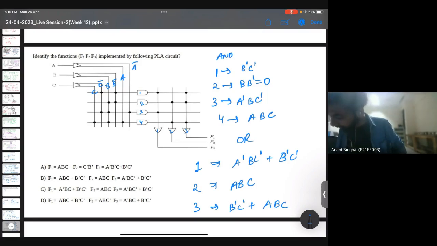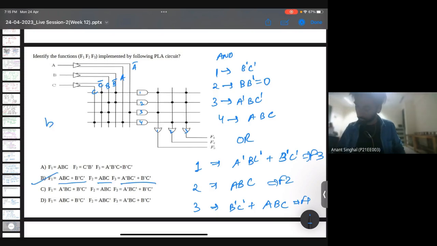Second is ABC, sorry, first, second, and fourth, which are correspondingly F1, F2, and F3. You can check the options. So the correct option is option B.